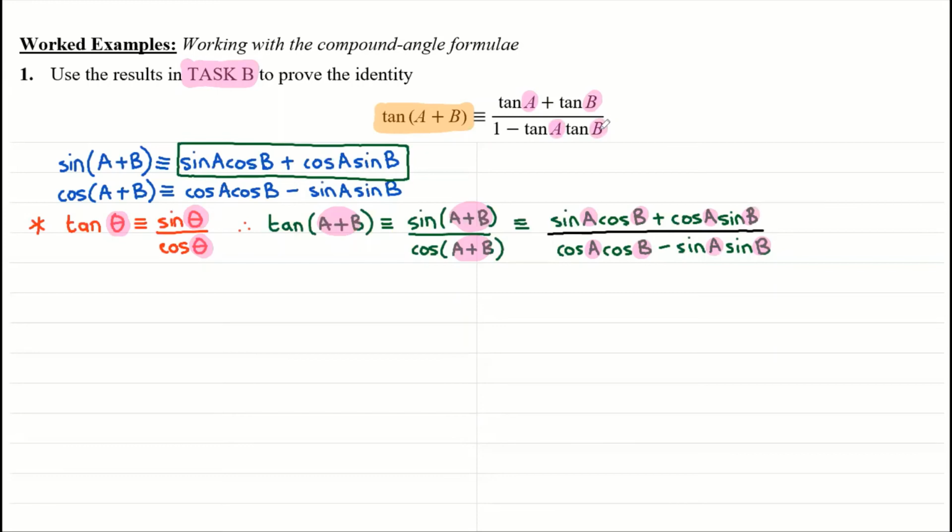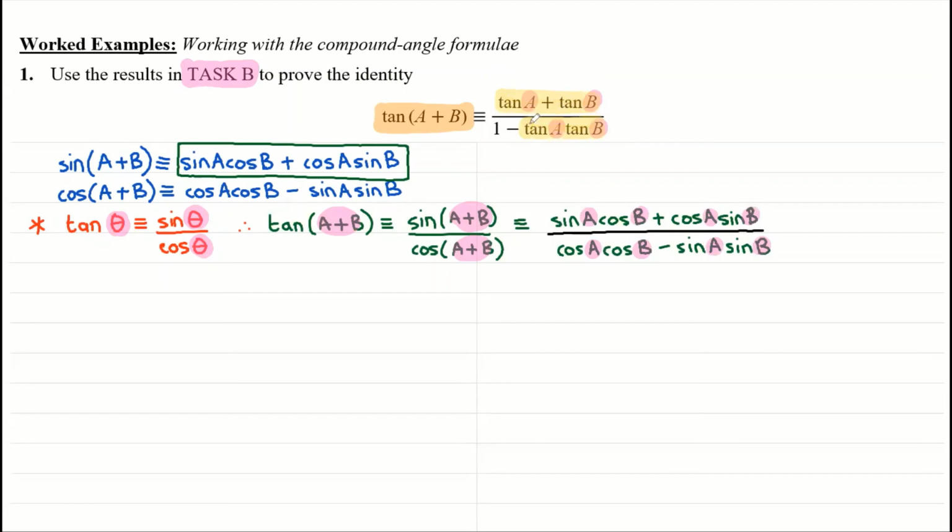Yes, they've got tans in there, but they are separated. There is no a plus b anymore. So we've done that job. So the question is, how do we create the tan a's and the tan b's that are present in this identity?